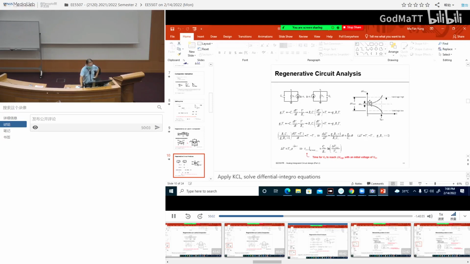If the output was slightly positive in the beginning, then with this exponential, you will exponentially increase until you hit the supply. If the output was slightly negative in the beginning, it will exponentially drop to the low state. So how do we get to this? We use the preamplifier to amplify to get to the initial imbalance point.